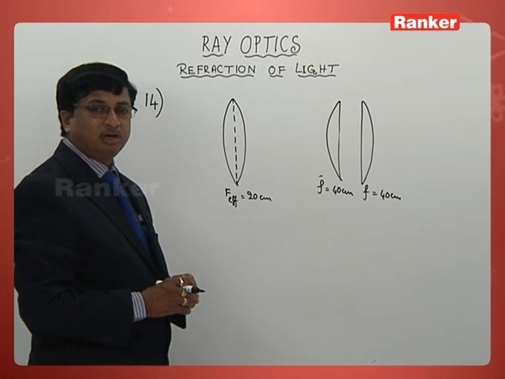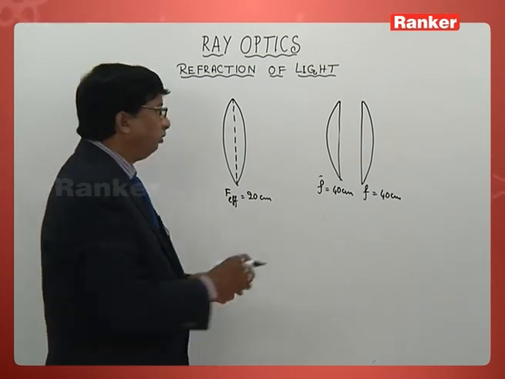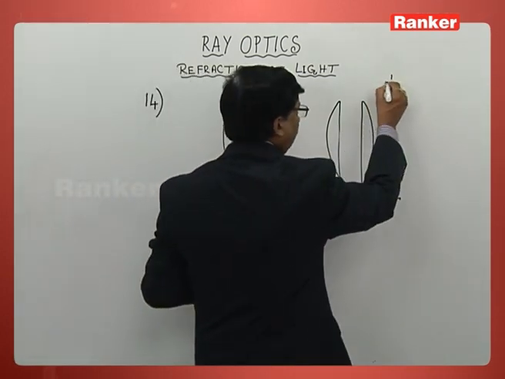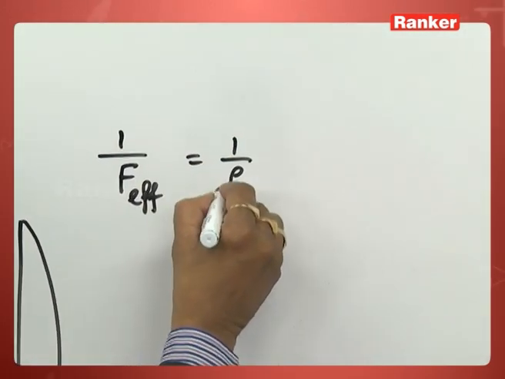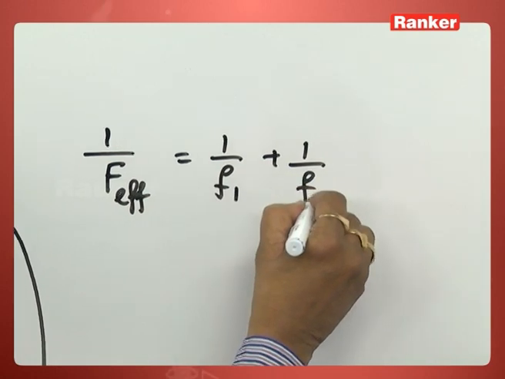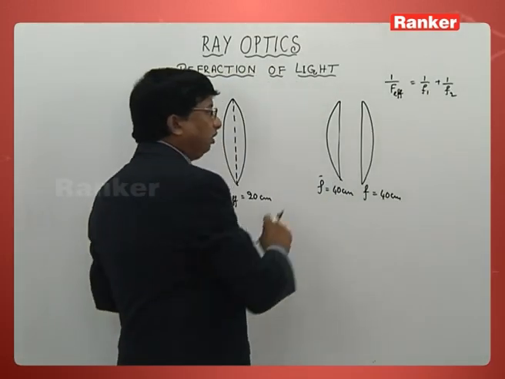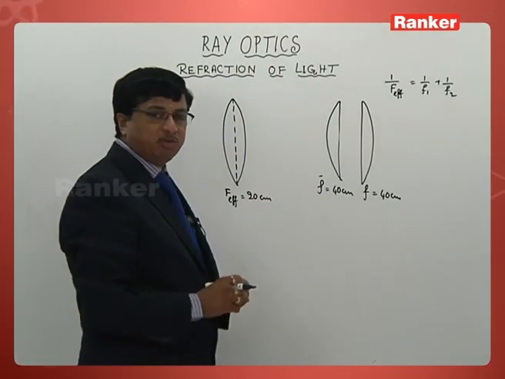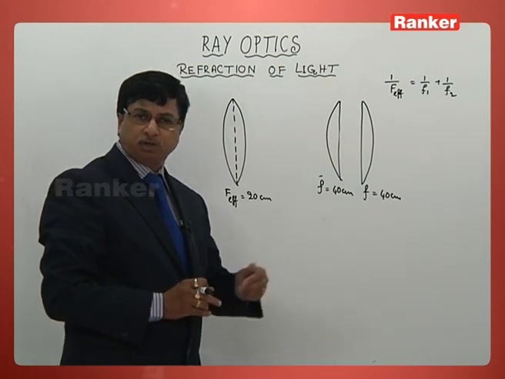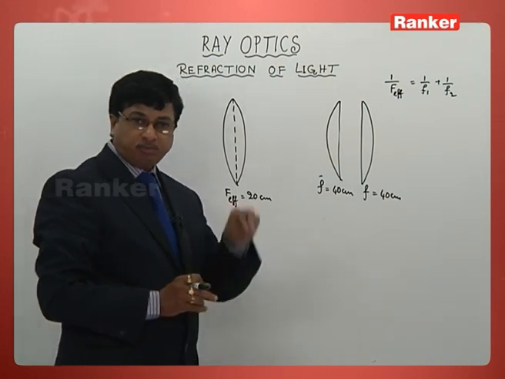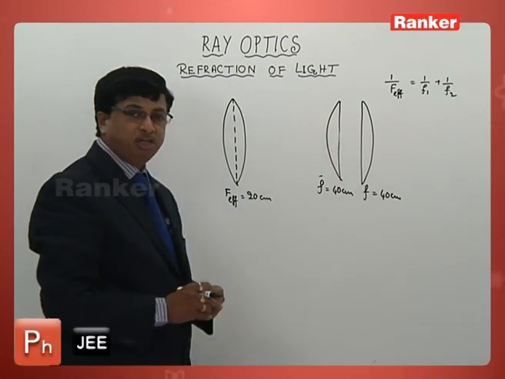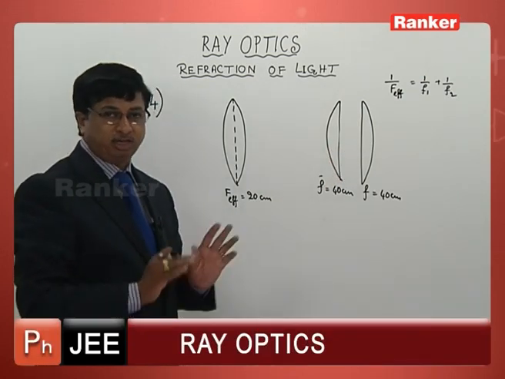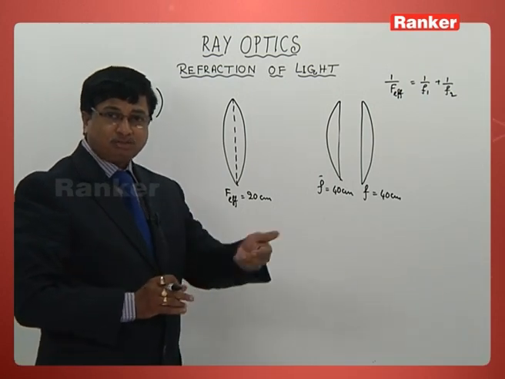When lenses are in contact with each other, that is the formula we used to adopt. It's 1 by 40 plus 1 by 40, that now becomes 2 by 40. Obviously, the effective focal length of the lens thereby formed by pressing them against one another is going to be 20 centimeter. Fine. But what is his question?